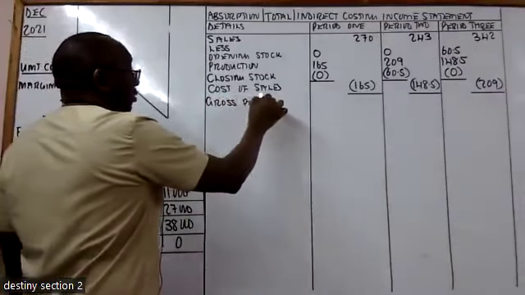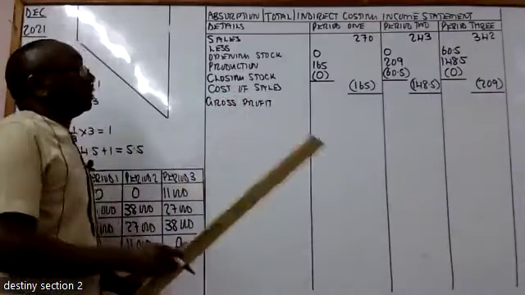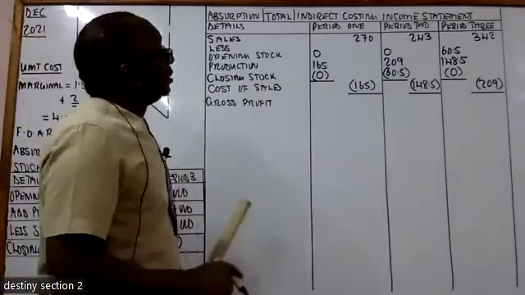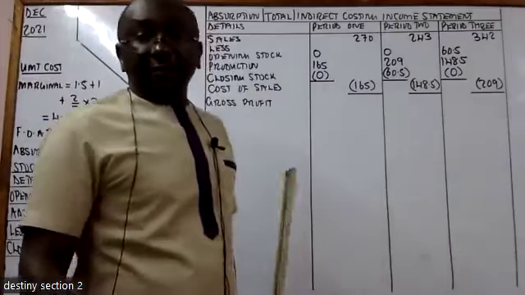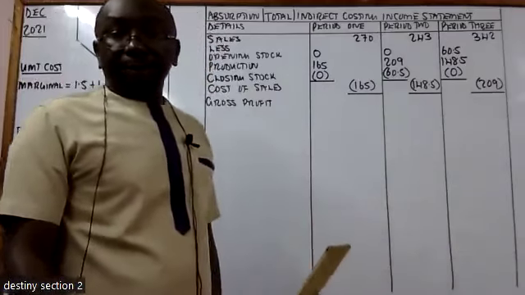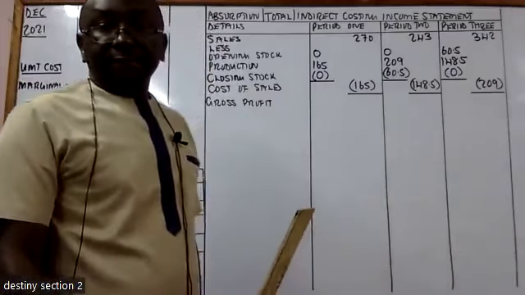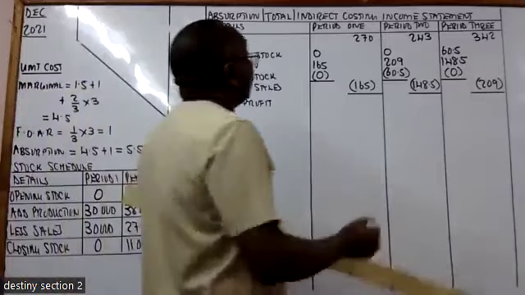When you are in absorption, it's called gross profit. So 270 less 165 is what? 105.